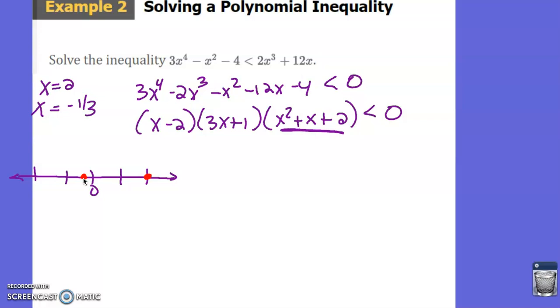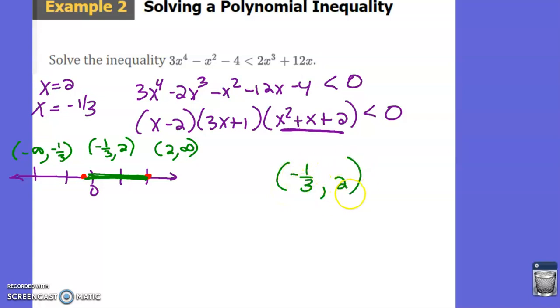Then you start testing the signs in these intervals: from negative infinity to negative 1/3, from negative 1/3 to 2, and from 2 to infinity. If you test those intervals, you're going to see the only interval that works is this right here. And so the final solution interval is negative 1/3 to 2.